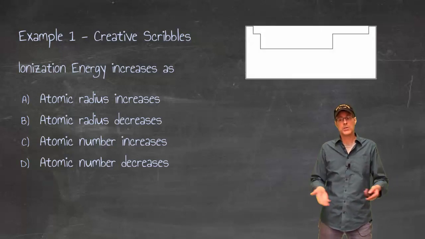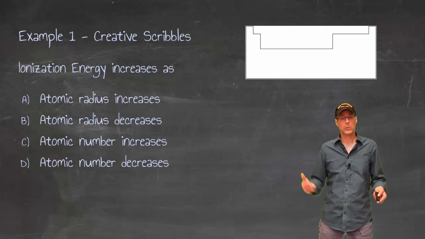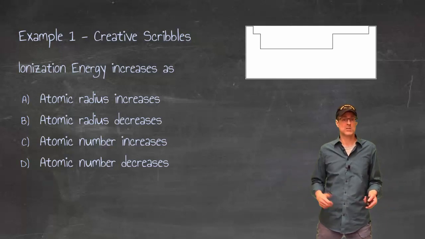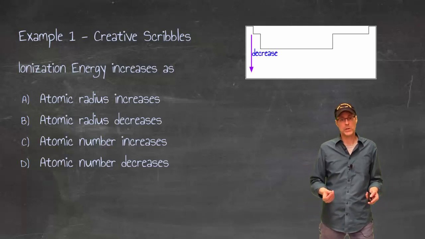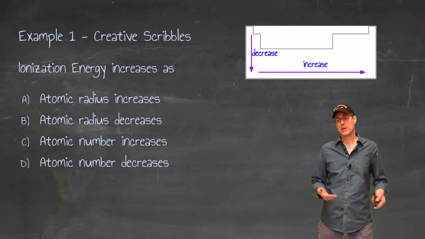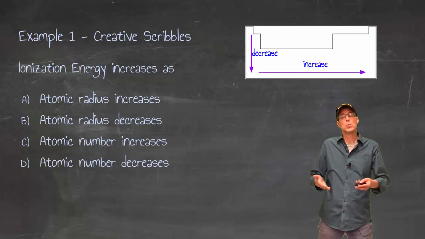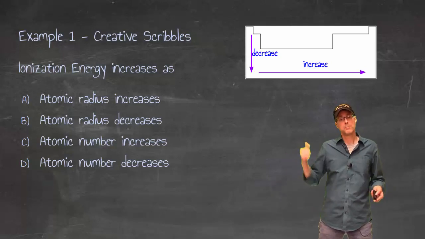Well, what do we know about the ionization energy? That was one of our trends in the periodic table. So personally, I would scribble out a quick little periodic table. I don't have to make it super neat. I don't have to label anything. And then I would remind myself what the trend was. Top to bottom, the ionization energy goes down. Left to right, the ionization energy goes up. So which one of those options meets that trend?